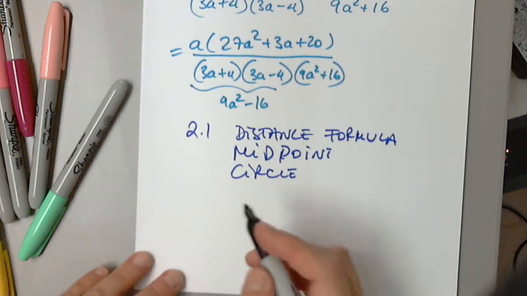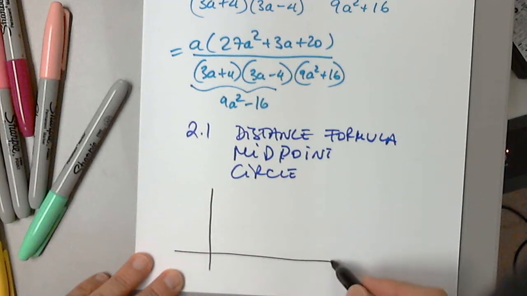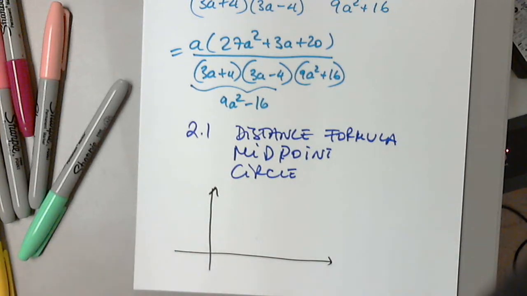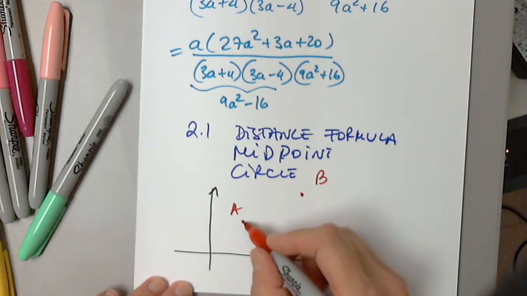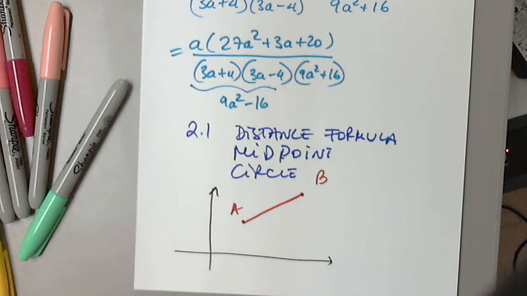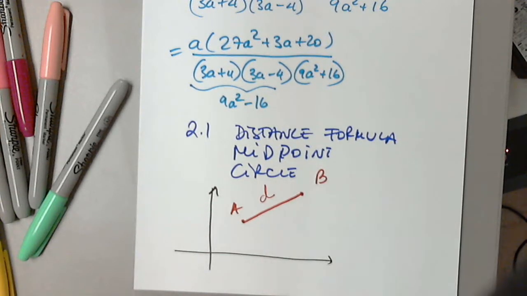This is a quick review for you. It doesn't matter, I'll do it anyway from scratch. Here is a point A, and here's a point B. I'm going to connect them with a line segment, and I would like to be able to determine this distance, denoted by D or D sub AB, whatever you want.